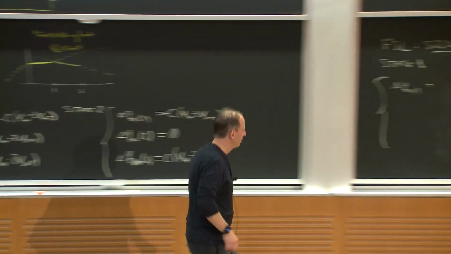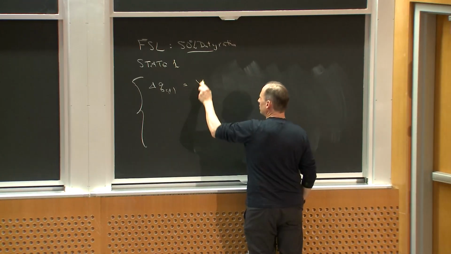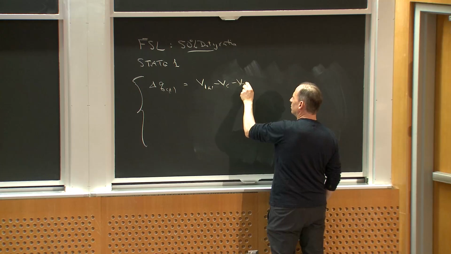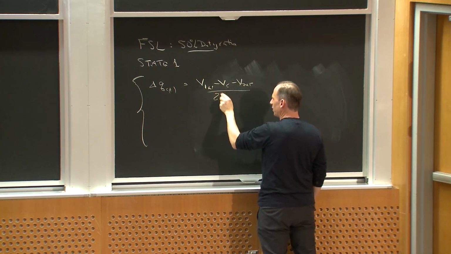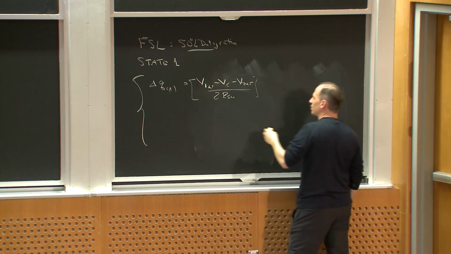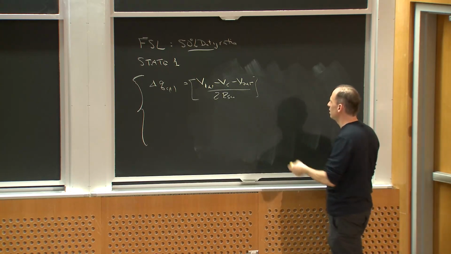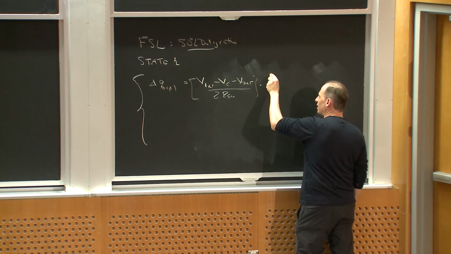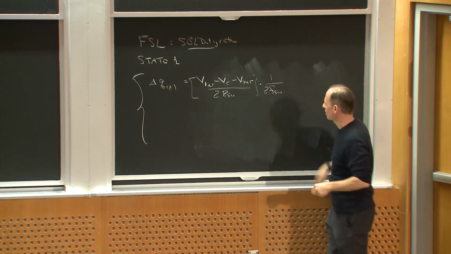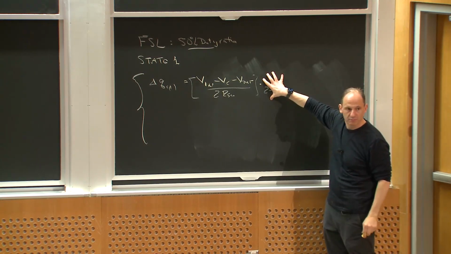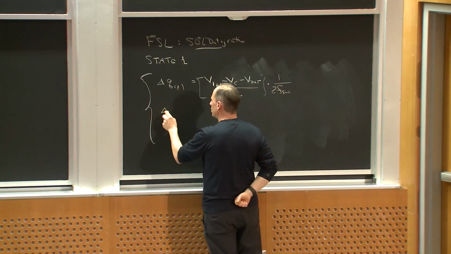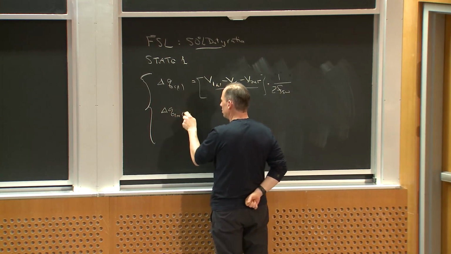And that's going to happen for how long? For half a period, 1/2 T, which I can write as 1 over 2F switch. So delta QC1 is Vin minus VC minus Vout divided by 2R switch, times 1 over 2F switch, times half a period.